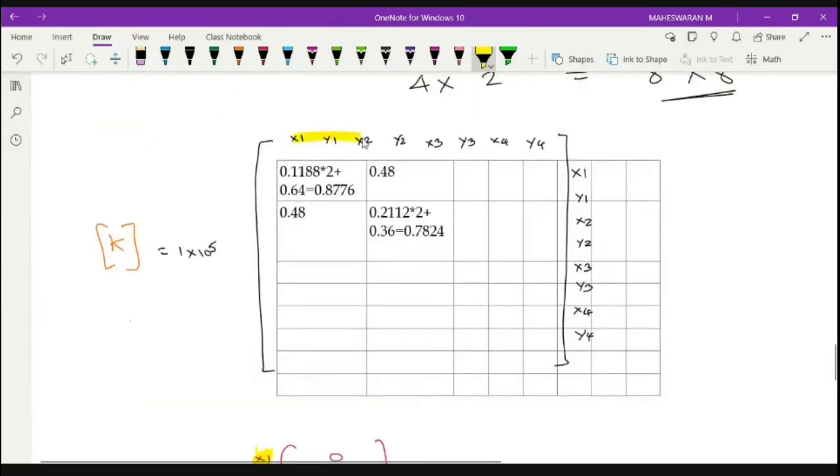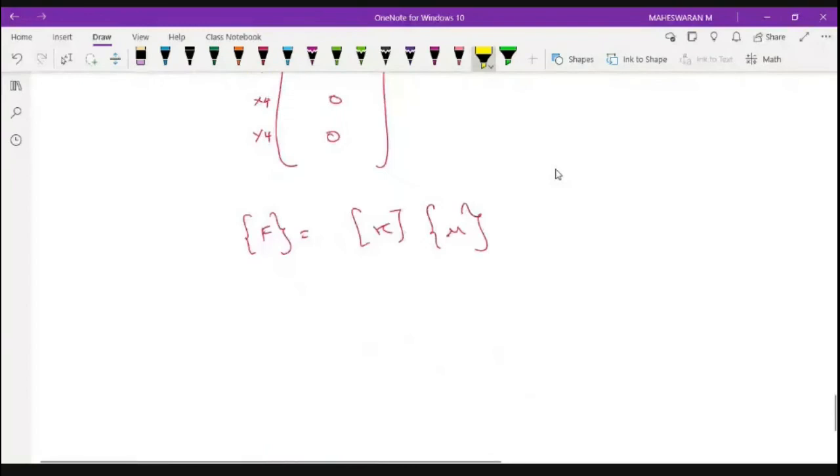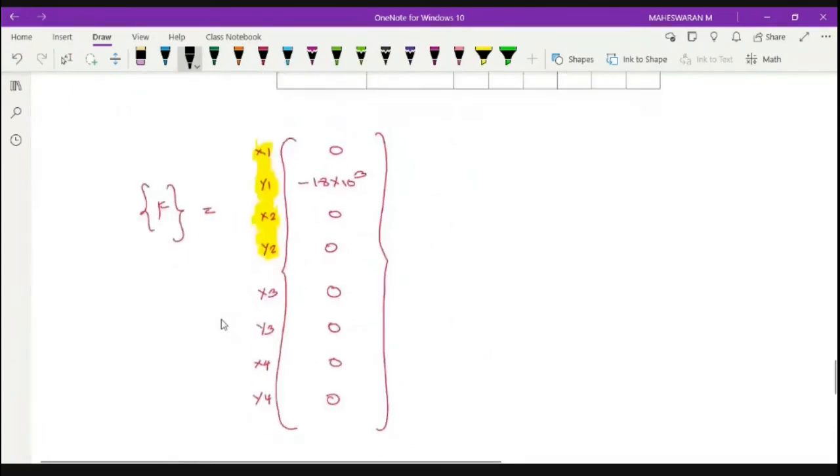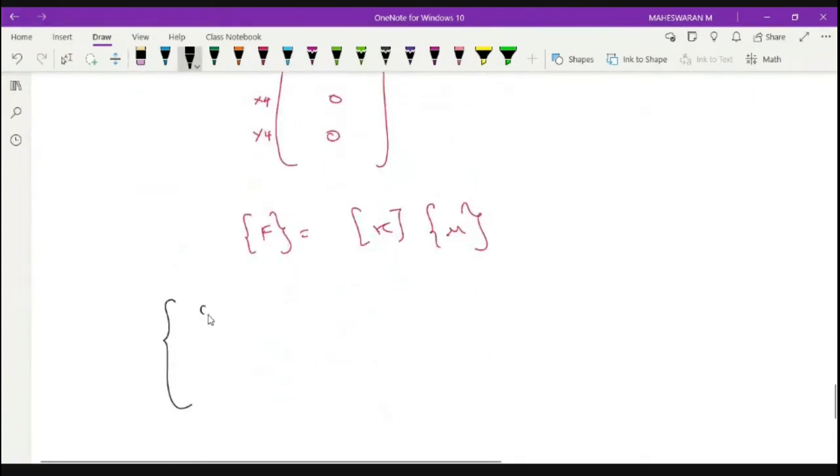Not on other terms. The other things you need not worry about because they get cancelled because of the fixed support. So we'll directly write down your F. I will write only that, which is 0, minus 18 into 10 power 3, 0 and 0 is equal to 1 into 10 power 5.